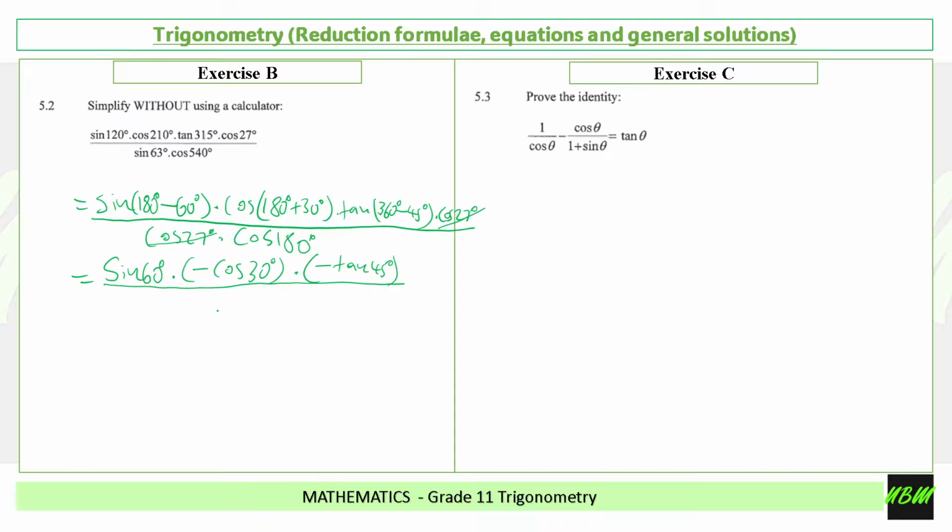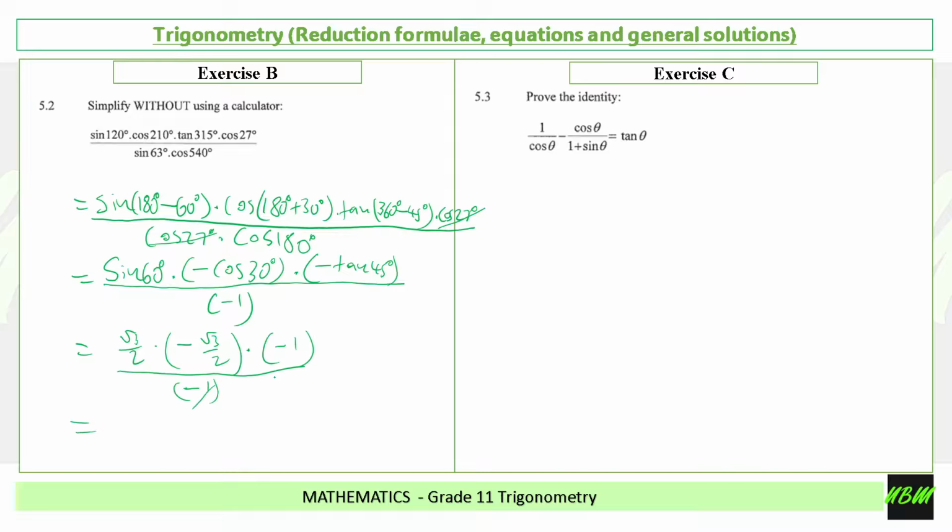Use your special angles. 180 degrees is part of the special angles from the unit circle. Therefore, cos 180 is just negative 1. Now in the numerator, sine 60, which is a special angle, gives us root 3 over 2, multiplied by negative cos 30, which gives us negative root 3 over 2, multiplied by negative tan 45 degrees, which gives us negative 1, all divided by negative 1.